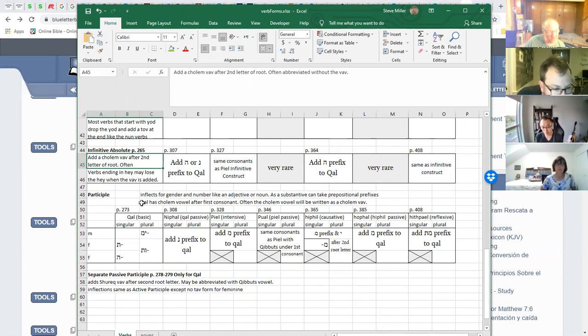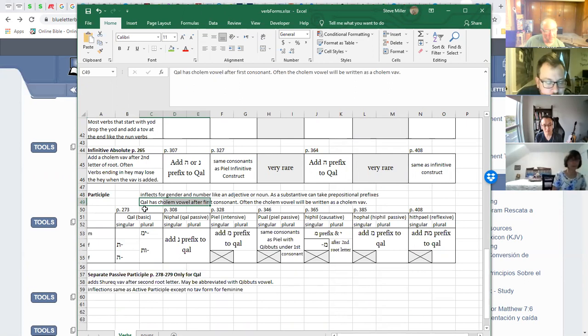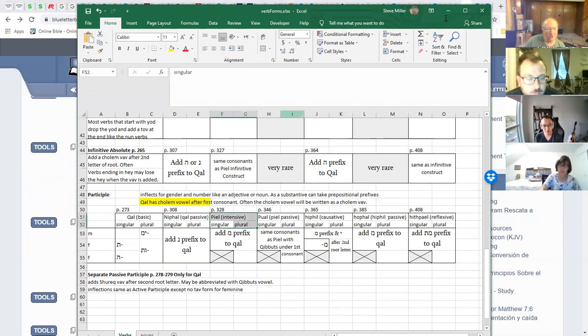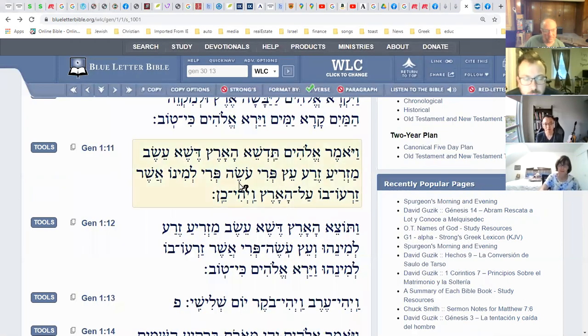Oh, here it is. I'm going to bold that because that's important. The simple participle has the colon vowel after the first consonant, and that's what we have here. I like that. So this is the participle.